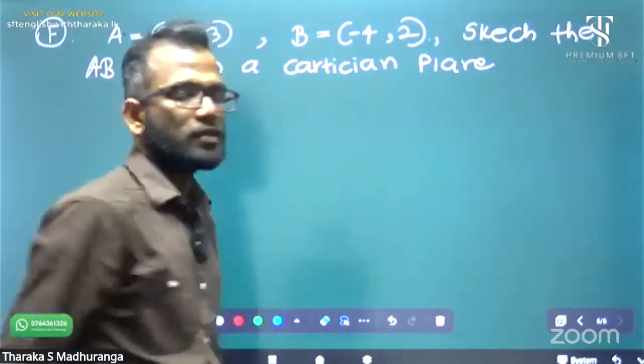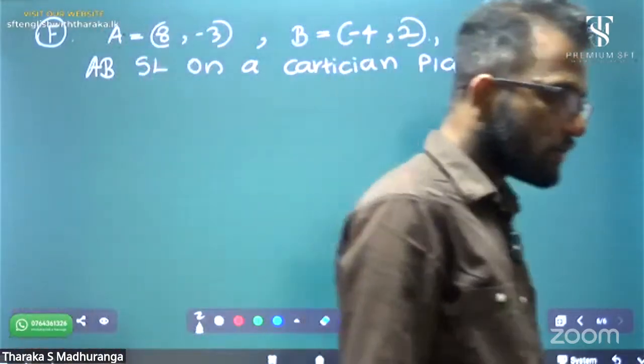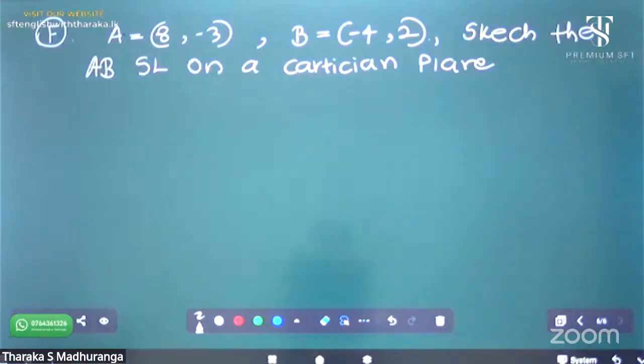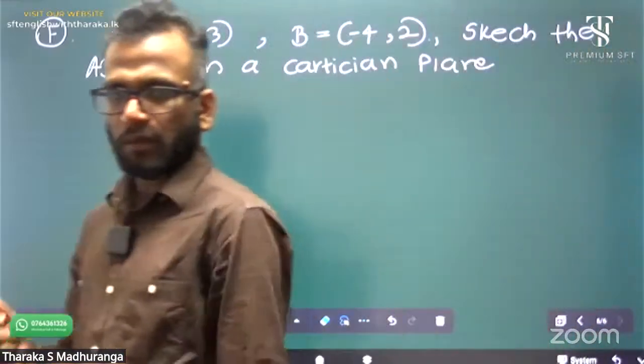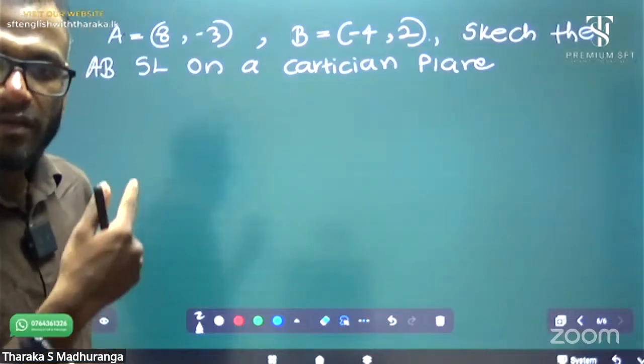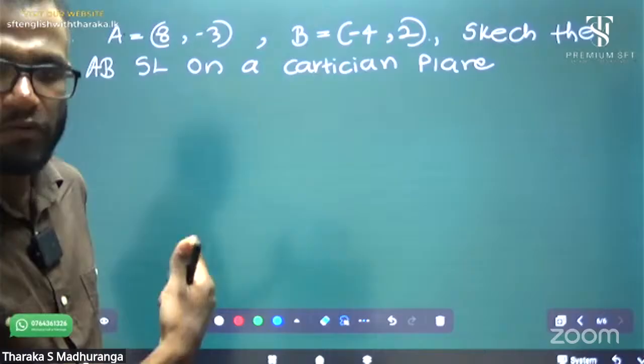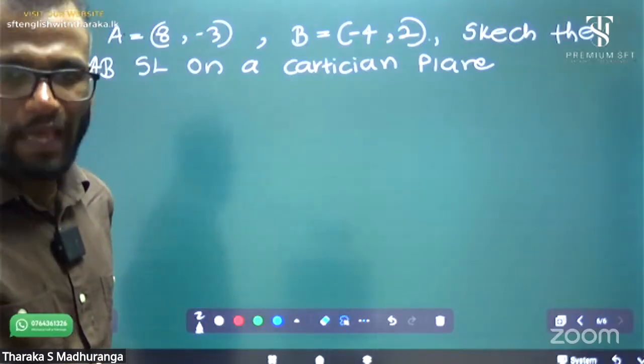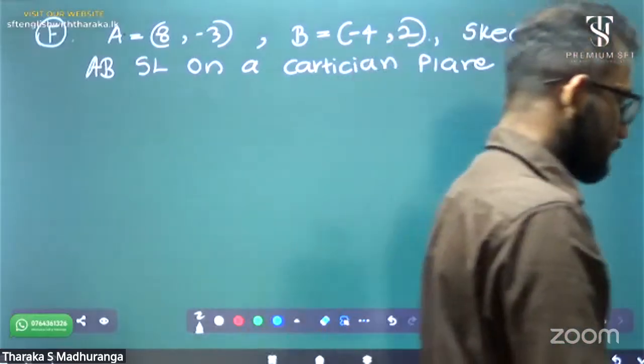That's your target. You have to calculate without any question and sketch this straight line. First calculate the gradient, then the intercept, the equation, and finally you can sketch the diagram.